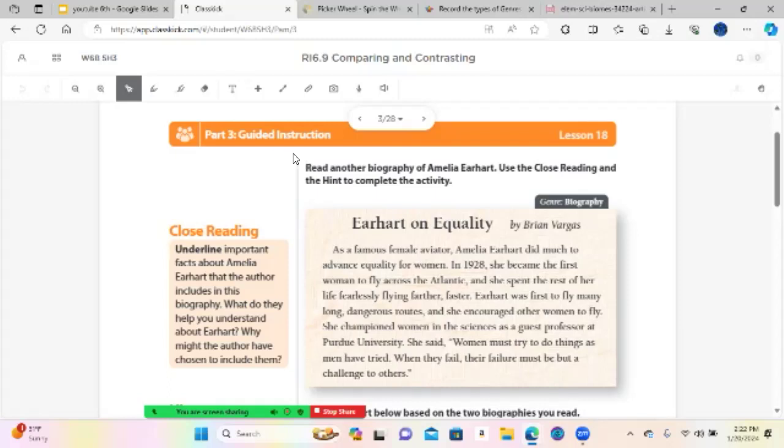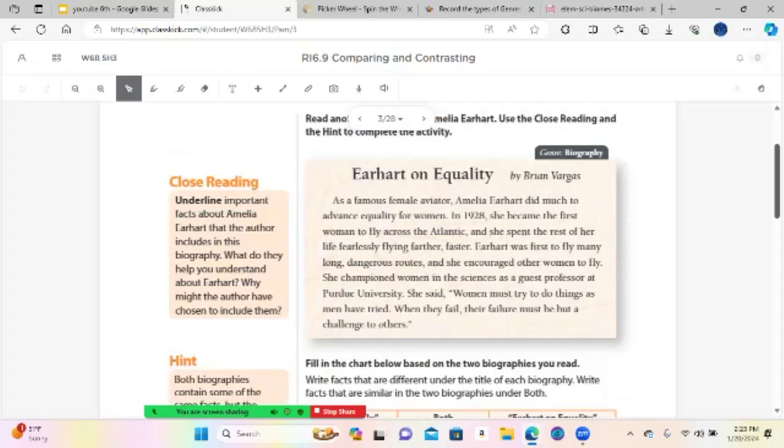Earhart was first to fly many long, dangerous routes, and she encouraged other women to fly. She championed women in the sciences as a guest professor at Purdue University. She said, women must try to do things as men have tried. When they fail, their failure must be but a challenge to others.